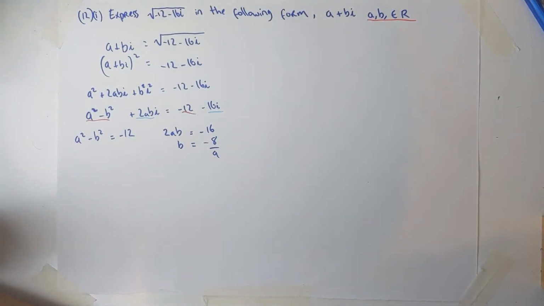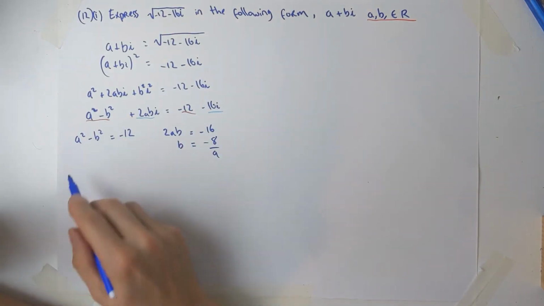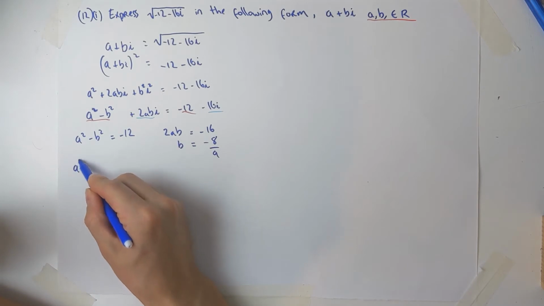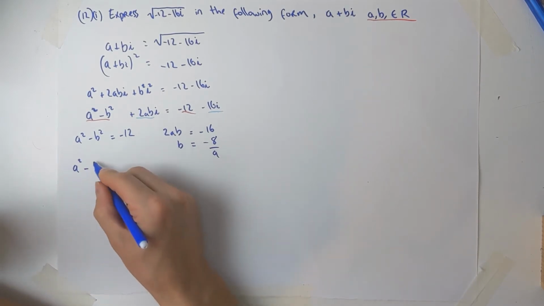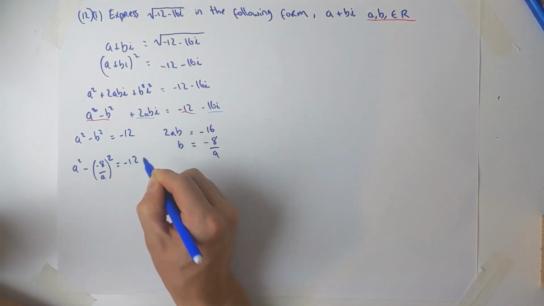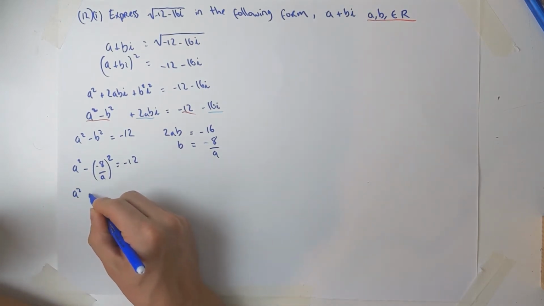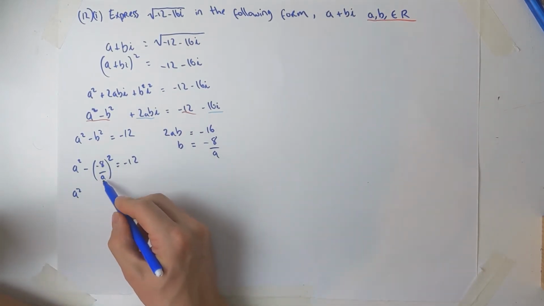So I now know what b is, and I can substitute it into my other equation. A squared minus, this is minus 8 over a, squared, is equal to minus 12. That's 64 over a squared.